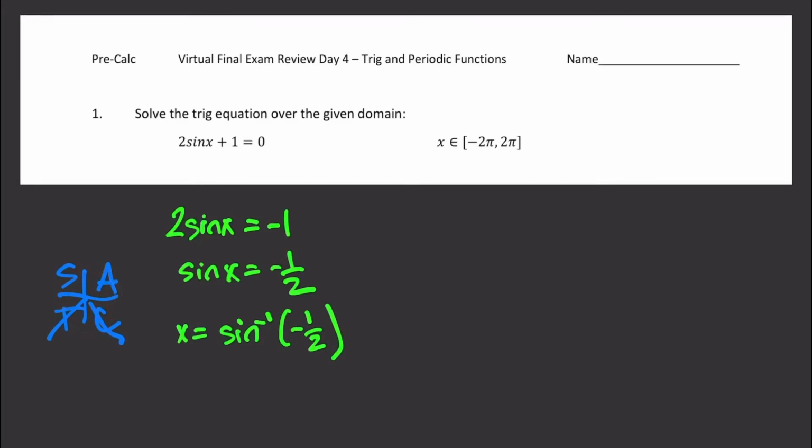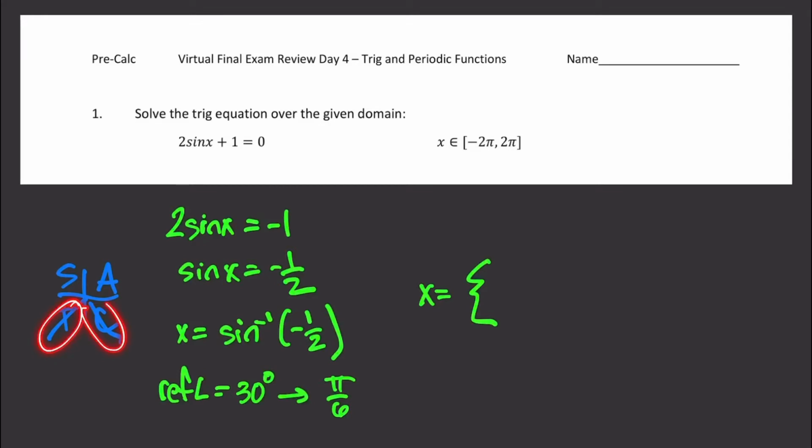Now we should know this from our trig unit. Where is sine 1/2? That's going to give us a reference angle, and that's going to be 30 degrees, but we want radians, so that's going to be pi over 6. So my solution for x is going to be the reference angles in the third and fourth quadrant using pi over 6. So remember, this is going to be 6 pi over 6. I need one more than that.